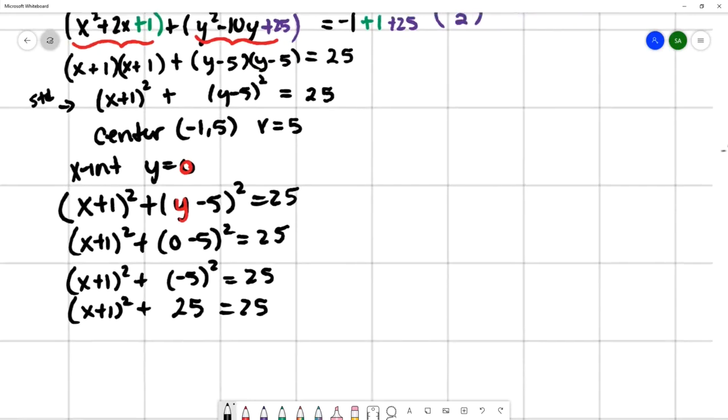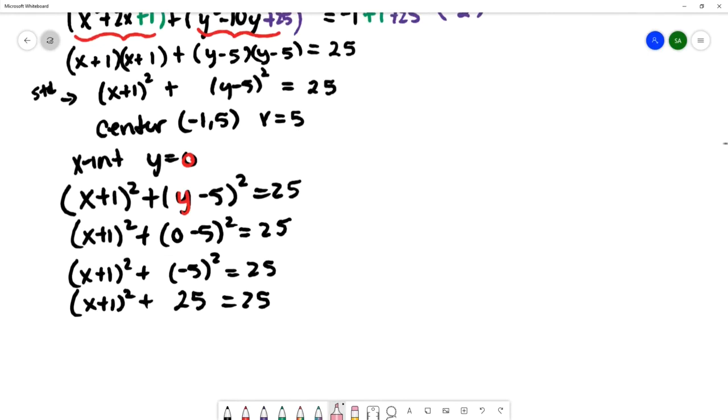I want to isolate this square term, and I do that by subtracting 25 on both sides. And that gives x plus 1 squared equals 0.